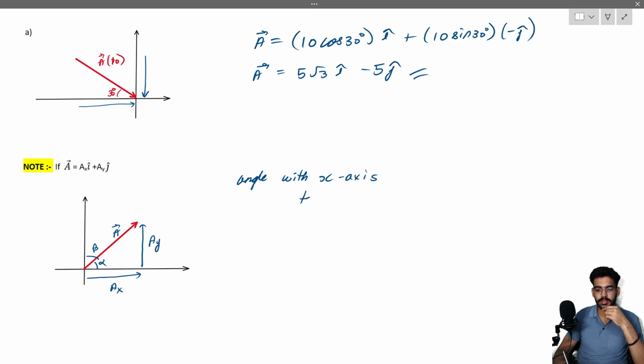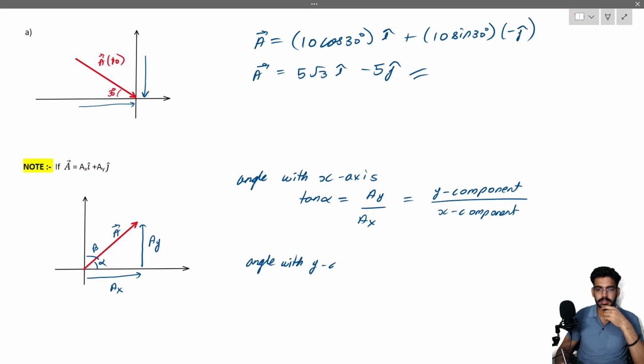So what can I write about tan alpha? Tan alpha I can write ay by ax, right? Right from this triangle, tan alpha is y component divided by x component. And angle with y axis, I can write tan beta.